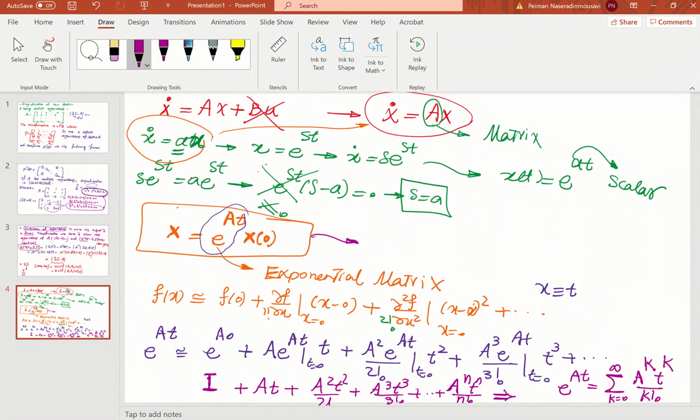So now you know that, oh, I'm stupid, this is x of t, guys, right? This is a solution like this. This is not x dot. It was a typo here.